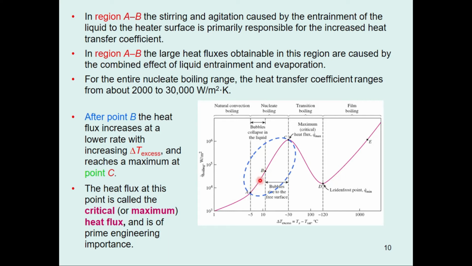Whereas in the region B to C, the heat flux also increases, but the rate at which this heat flux increases is less compared to the region from A to B. In simpler words, I would emphasize this point: from A to B, the rate at which the boiling heat flux increases is very high, because this curve is very steep.